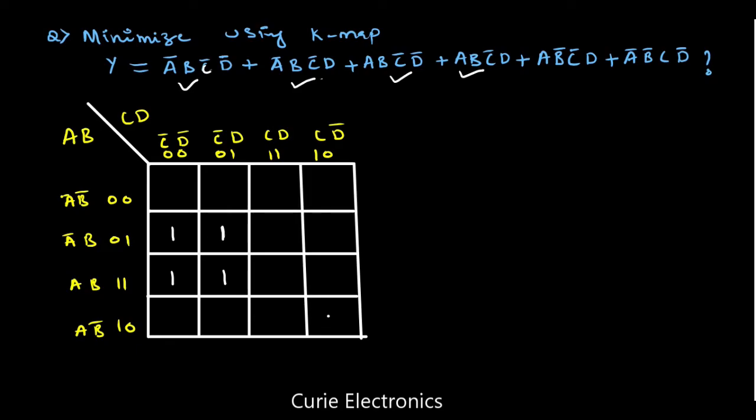So these first four we have completed. Next one, A B bar, last row, C bar D. Next one, A bar B bar C D bar. So it is here.